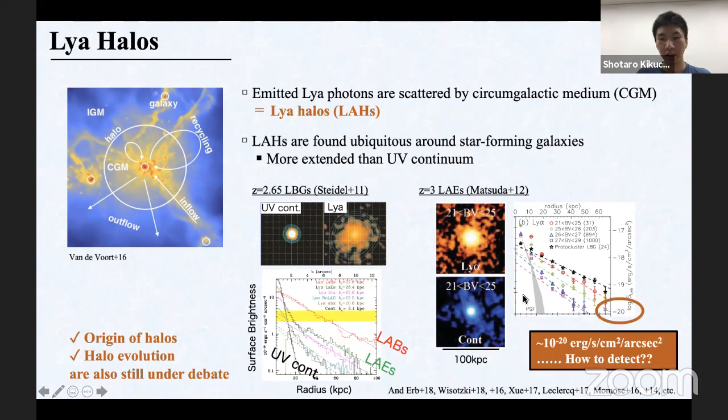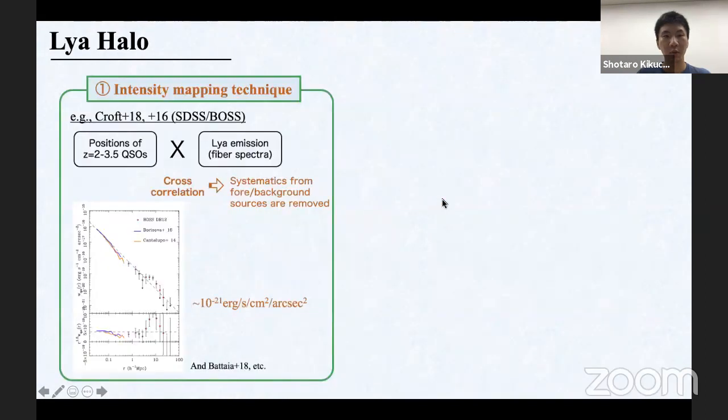In order to resolve these difficulties in our analysis, we focus on two things. The first one is the so-called intensity mapping technique. I remember this topic was already touched on in yesterday's talks. For example, in Croft et al. 2018, they took the cross-correlation between the positions of redshift 2 to 3 quasars and the Lyman-alpha emission traced by the fiber spectra.